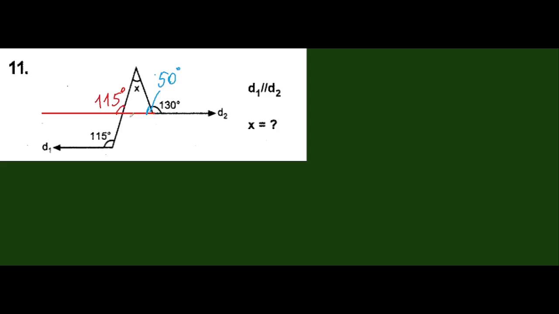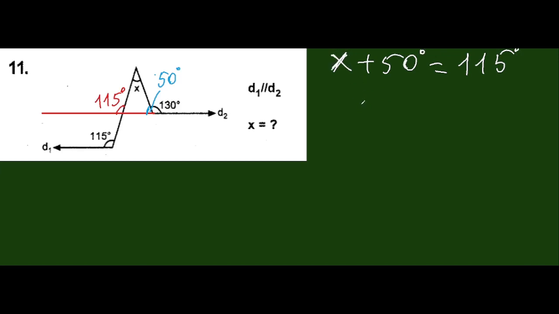And we'll find x by summing up x and 50, and it will equal 115. This was the secret.